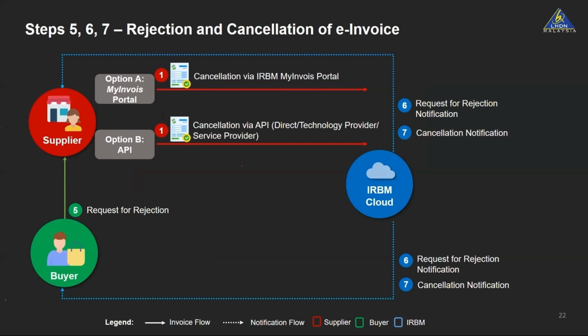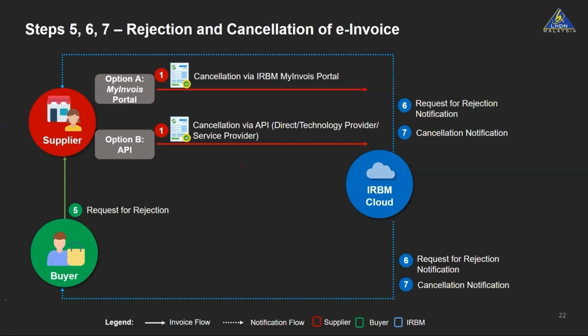If the buyer requests a rejection, the buyer must specify the reason for rejection, for example, wrongly written address or incomplete items listed. The supplier will then receive a notification. On the other hand, the supplier can also cancel the invoice within 72 hours. The supplier needs to give justification for the cancellation. A notification will be sent to the buyer.